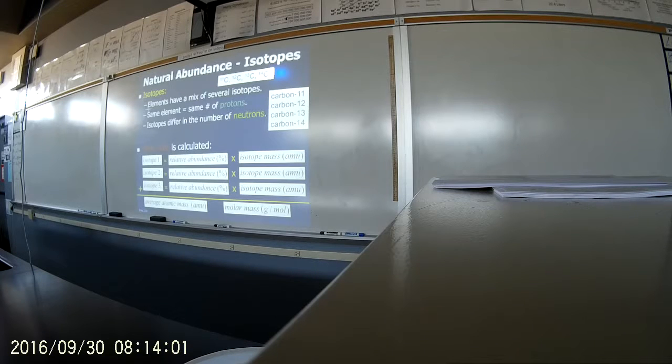The good news is the isotope mass is almost always going to be given to you in a whole number, and the abundance will almost always be given to you in a percentage.